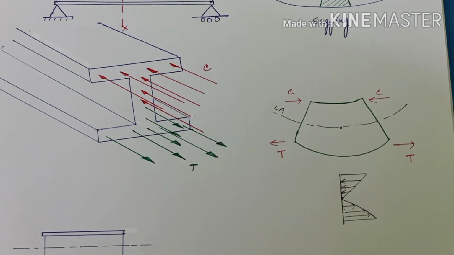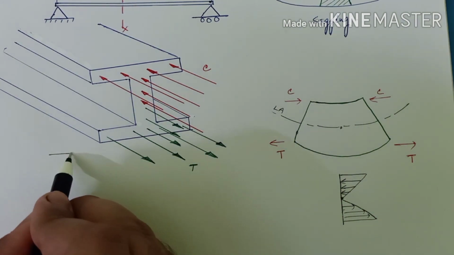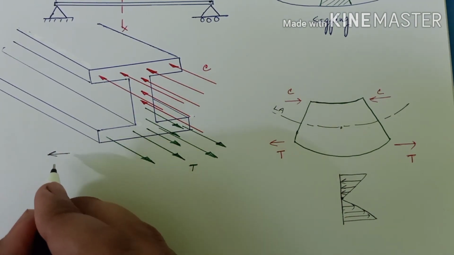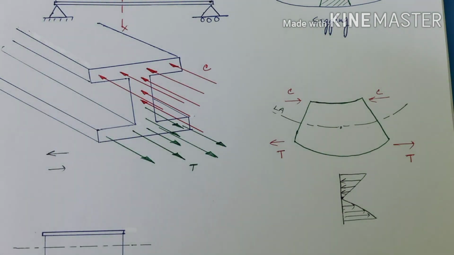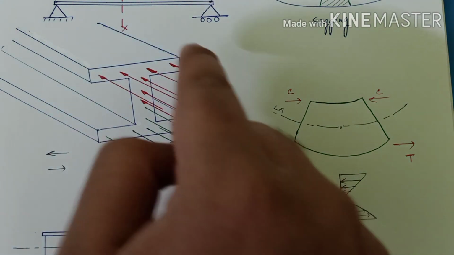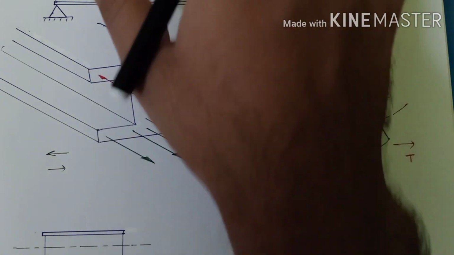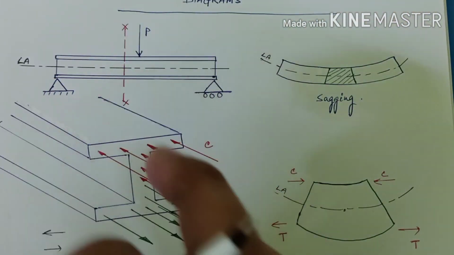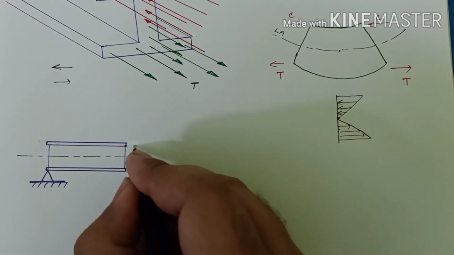If you try to analyze the result, see, one is on this side and the other on this side, so it will result in a moment, basically. Moment in what direction? Moment in this direction, right? So in a simplified way, if you want to plot this in the 2D diagram of our beam, it will be nothing but like this.